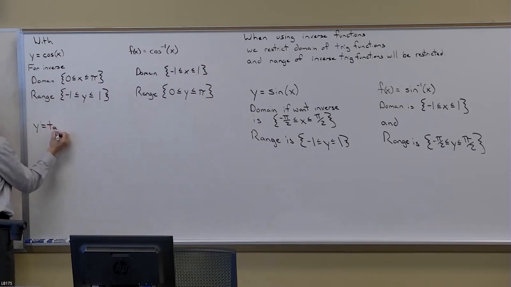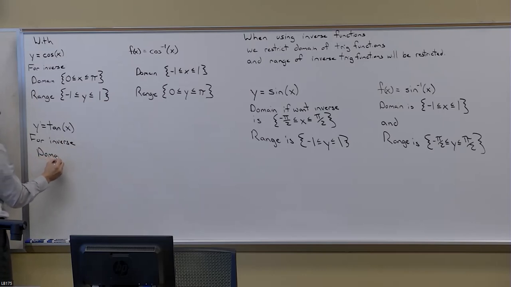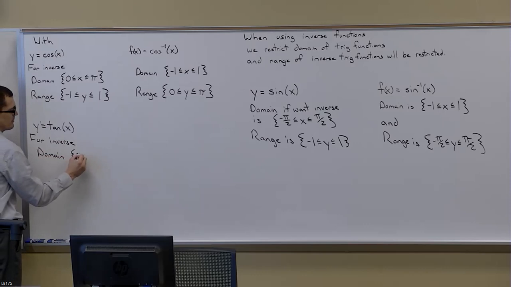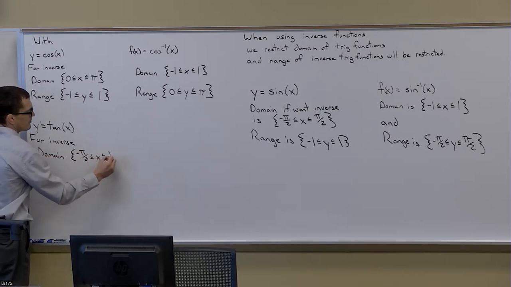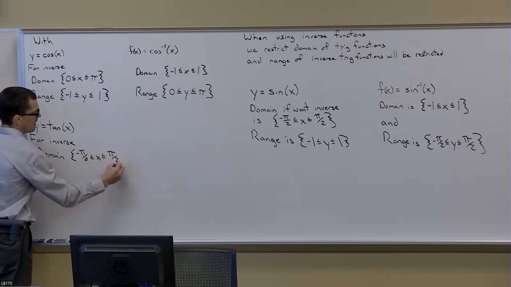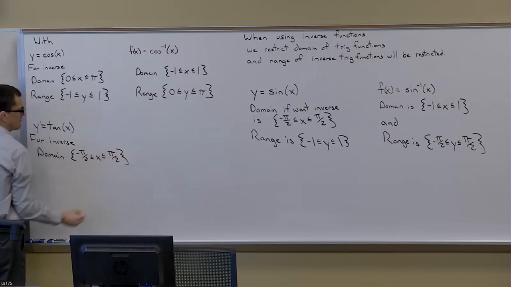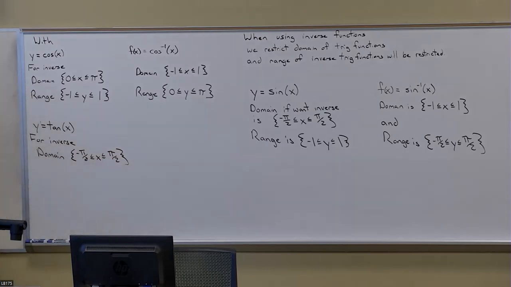With tangent, if I want to have an inverse, I have to restrict my domain to -pi/2 to pi/2 so that my function is 1-to-1.